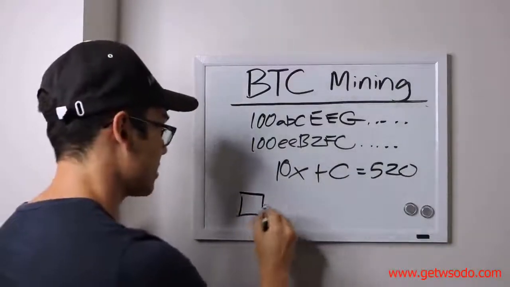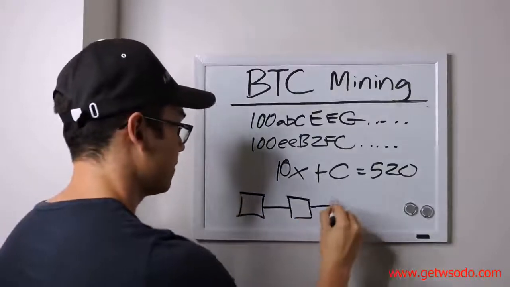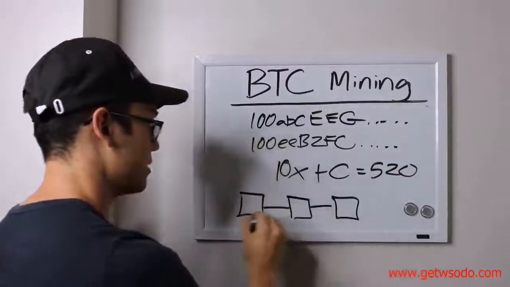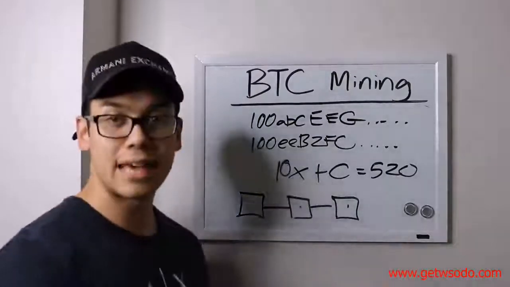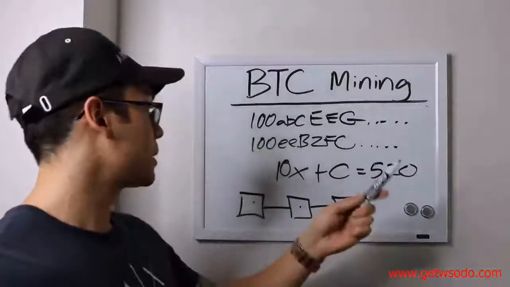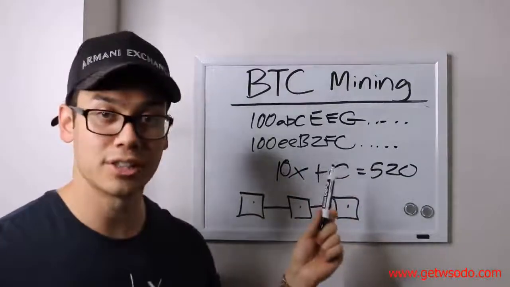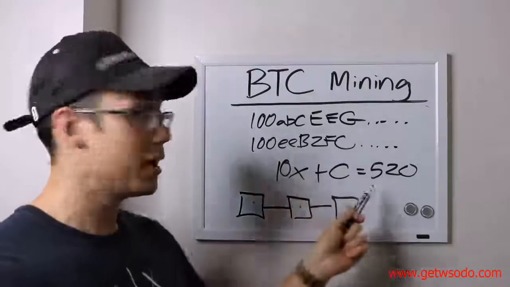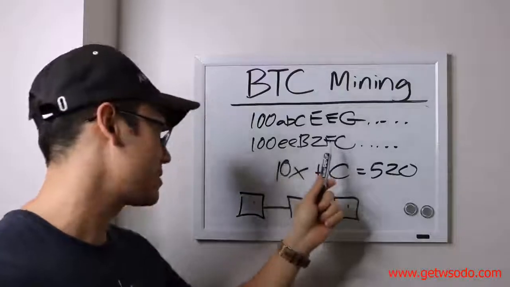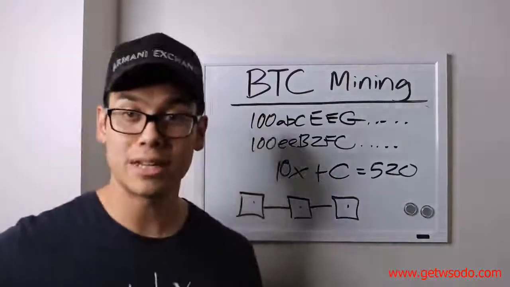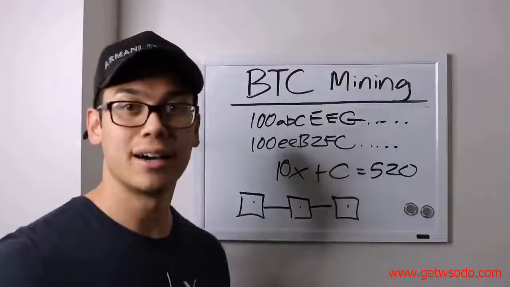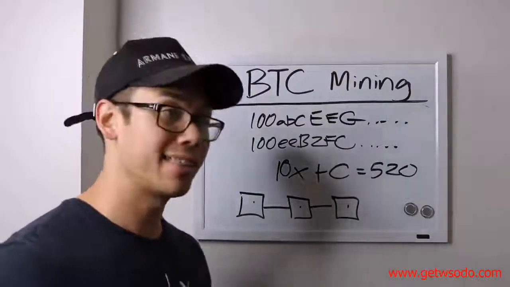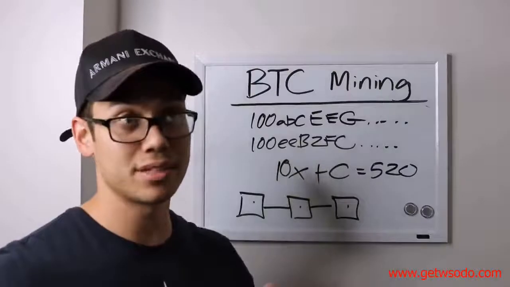Let's say this is the Bitcoin blockchain. These are all transactions, continuously added to the blockchain. When computers solve these puzzles and validate the transactions, they add them to the blockchain, and the Bitcoin network pays out 12.5 Bitcoin every 10 minutes.